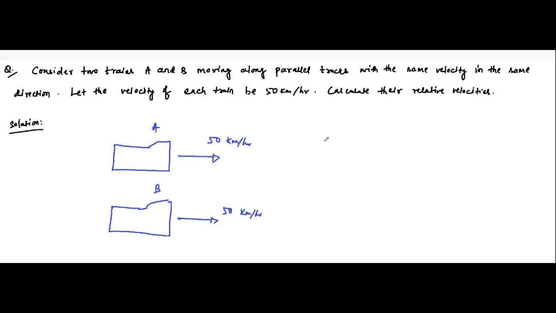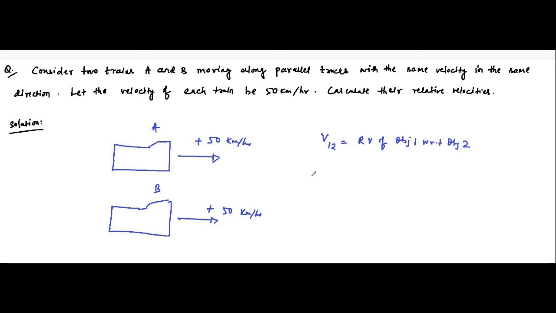So the basic expression of relative velocity is the relative velocity of object 1 with respect to object 2. Both of them here are plus because we have taken it towards the right side.